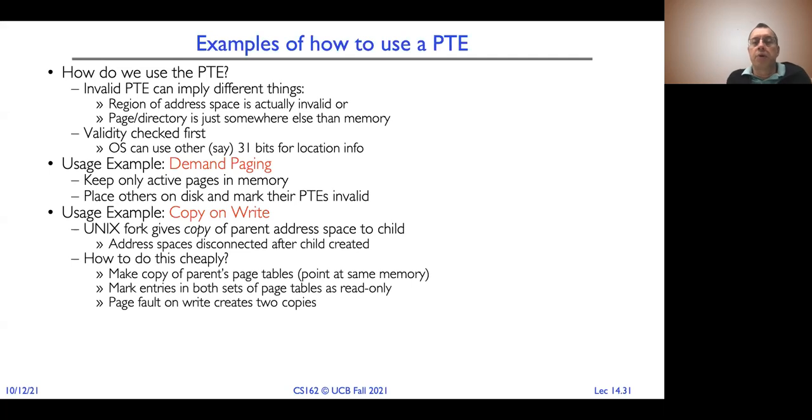Another use here is copy on write for the PTE. So when you fork a process, the forked process is a copy of the parent process, right? It has everything. Now the question is, do you want to copy it right away? Are you going to copy everything?